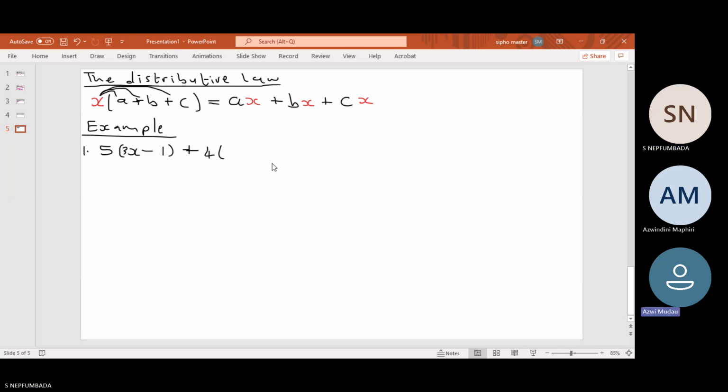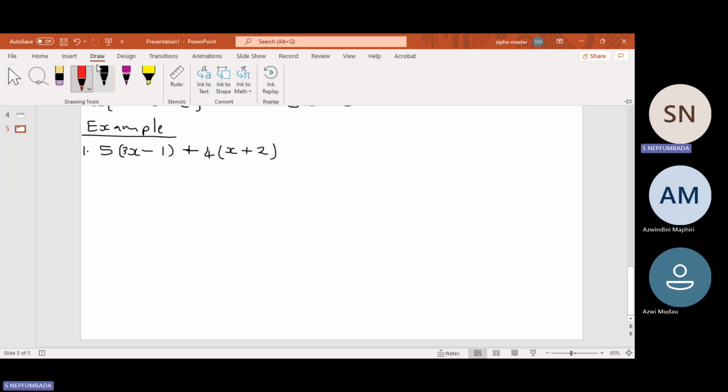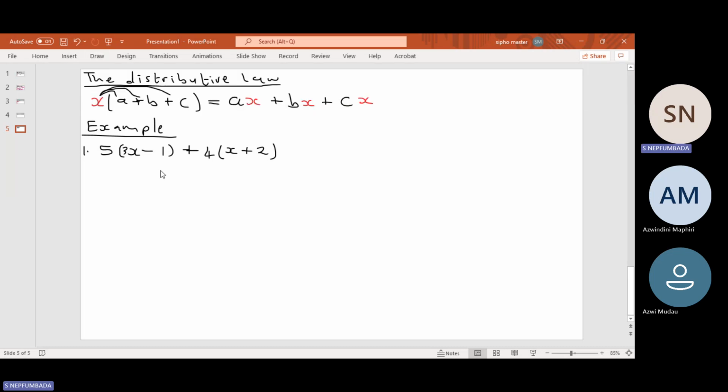No? Okay. Then this is 4 into (x plus 2). Then how do we distribute this? Our 5 is going to multiply with 3x. 5 times 3 is 15, and x times 1 is x, so 5 times 3x is 15x. 5 times minus 1 is minus 5.